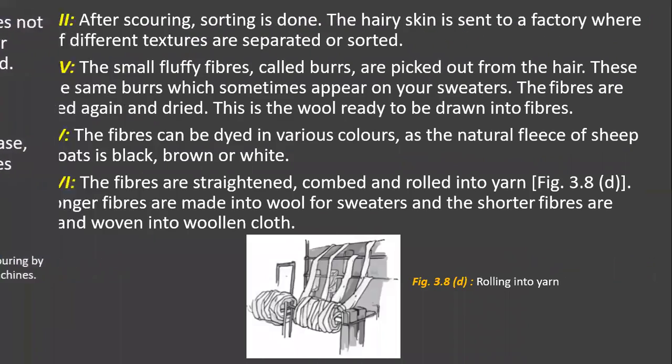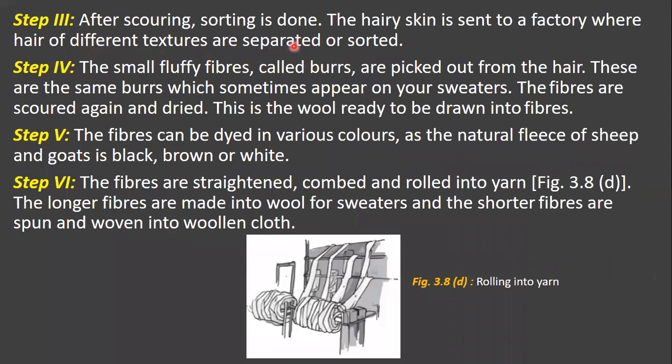Next, step 3. After scouring, sorting is done. Here the hairy skin is sent to a factory where hair of different textures are separated or sorted. See children, after scouring, sorting is done.